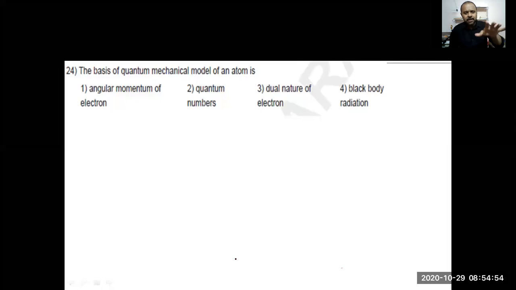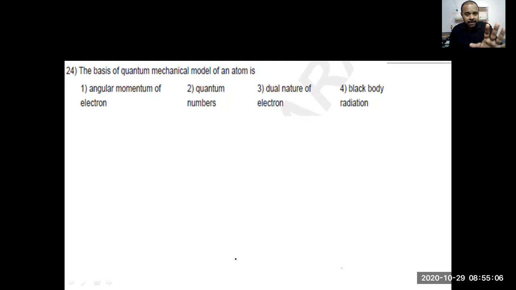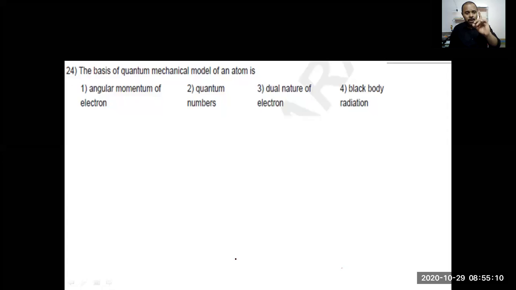But finally one concept has been prevailing till now. It is the quantum mechanical model of an atom, and we are going to discuss it briefly after this. That part will not be there for the examination. Don't worry. For the test you will have till whatever I have covered.